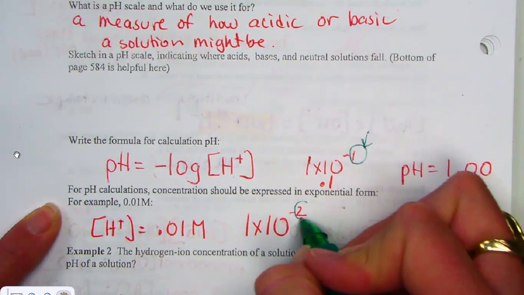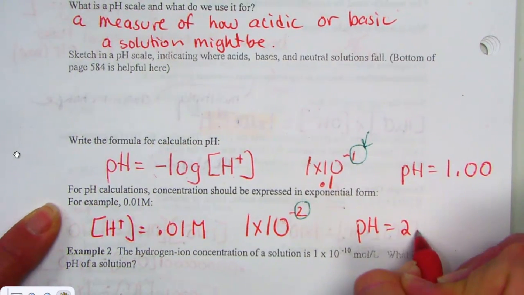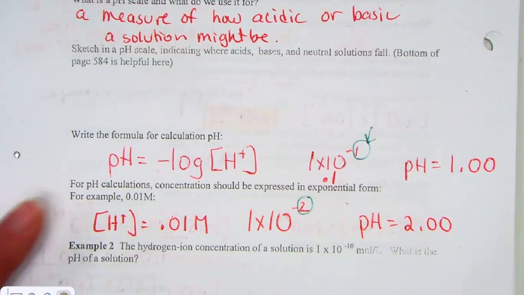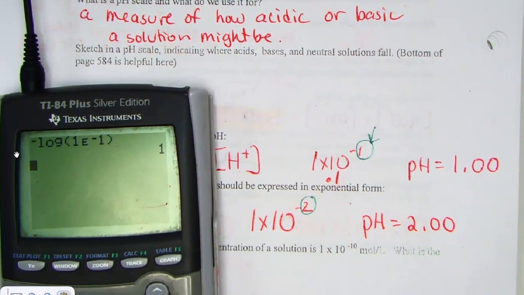But now I can clearly see that exponent would give us the pH of 2.00, a whole number when we have 1 times 10 to those. No worries, if you hit negative log 0.01, indeed your calculator says 2. The pH of our solution is 2.00.